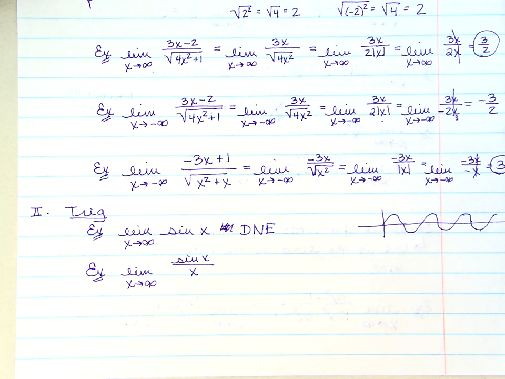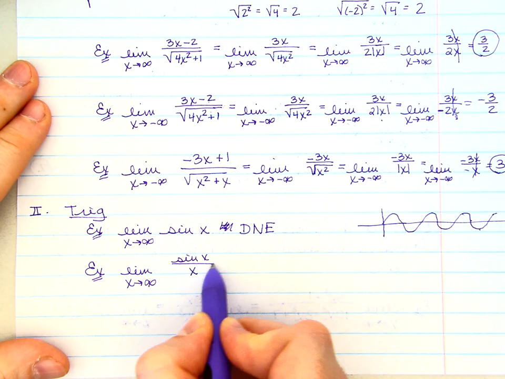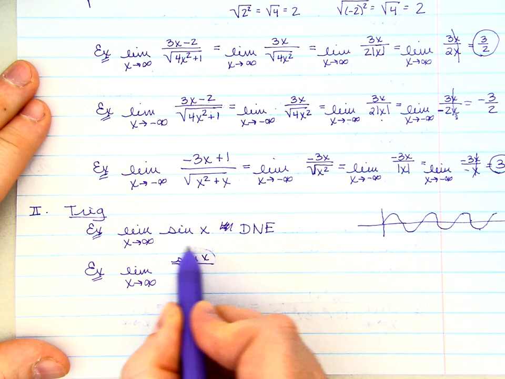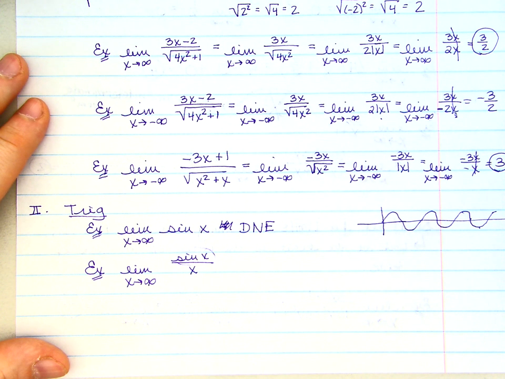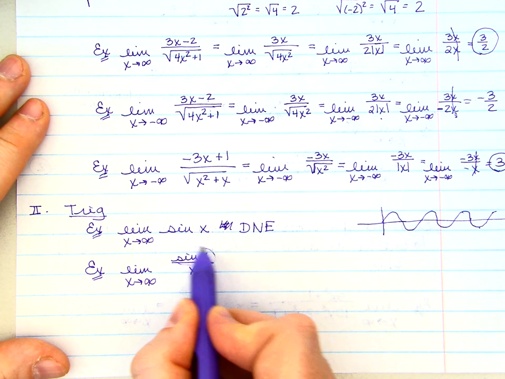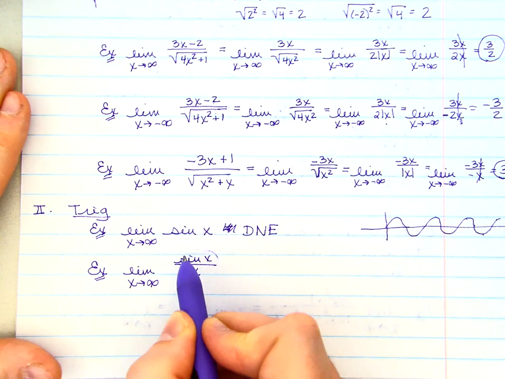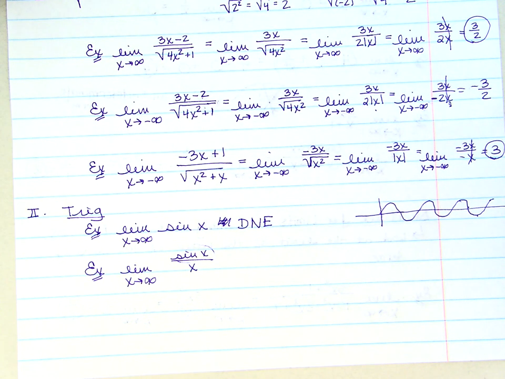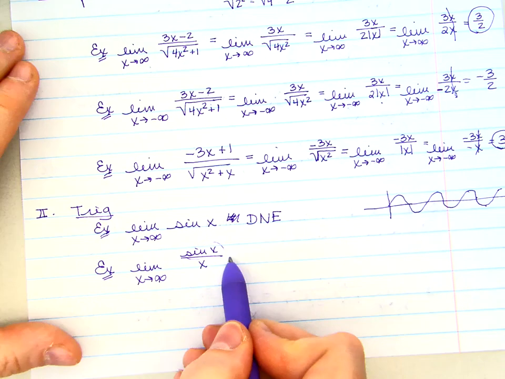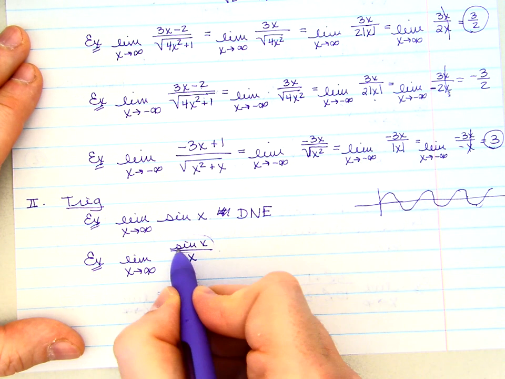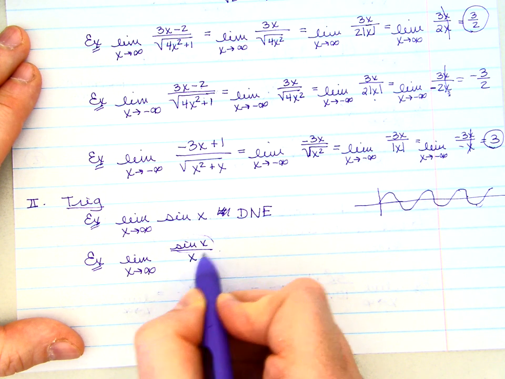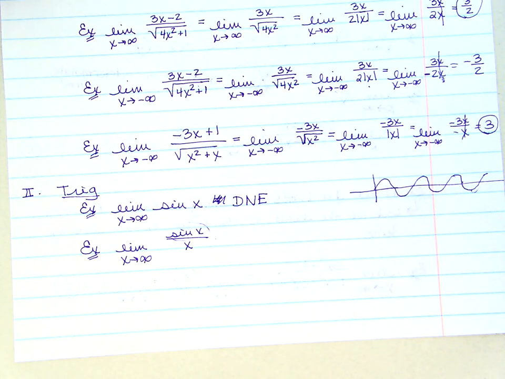The bottom is a huge number. Well, the lowest possible answer that I could get for a sine problem is -1. What's the highest possible answer you could get from a sine problem? I think that's going to be +1. And again, sine just keeps varying in between those, but I know the lowest the top could be is -1, and the highest it could be is +1.